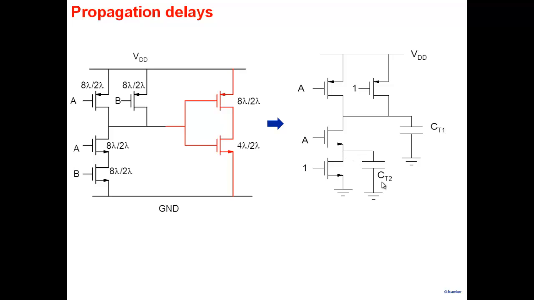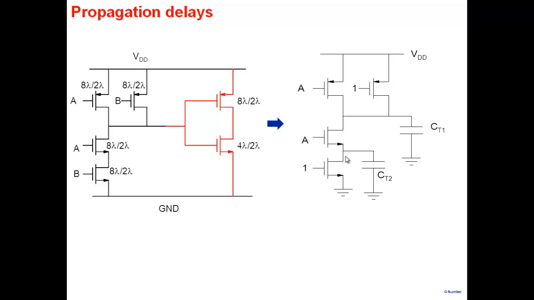So for this node, you can see the capacitances will come from the gate-drain of this transistor, and then drain to body of this transistor. These are the capacitors that this contributes. Similarly, for this one, there's a drain here and drain to gate of this one, and the body is connected to ground, so there's a drain to body of this one.